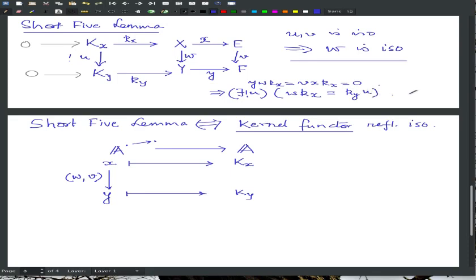I started off with a commutative diagram as above, but if you look at it this way, from W and V, this U is uniquely determined. Since it is uniquely determined, this helps me to define this functor.